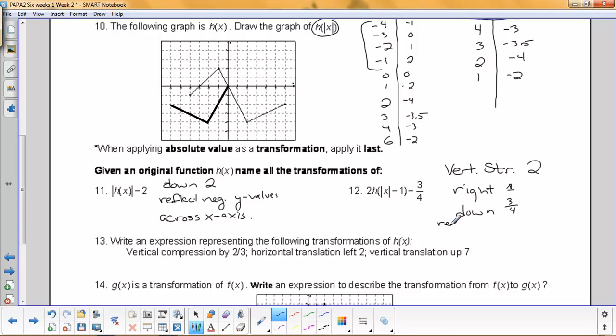So remove negative x values, reflect positive x values across the y-axis.